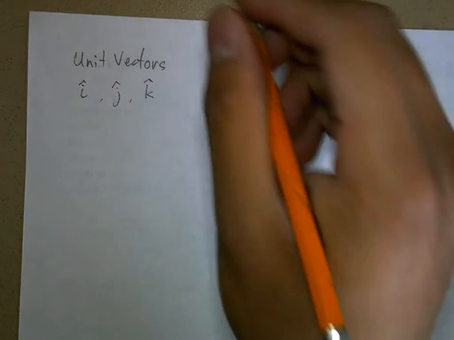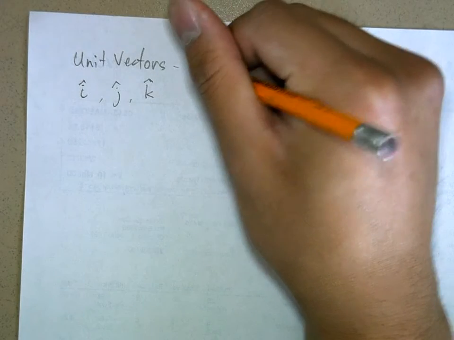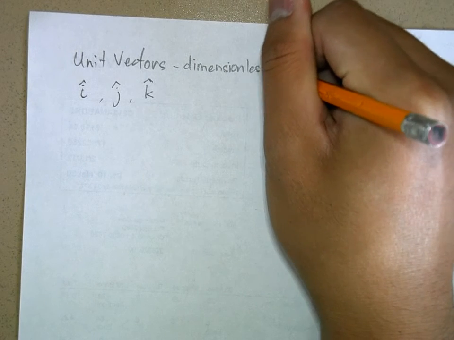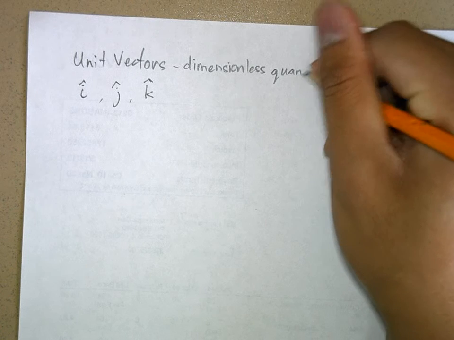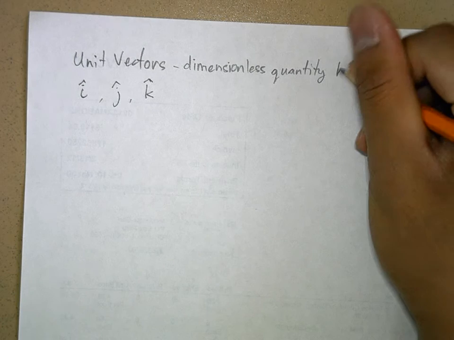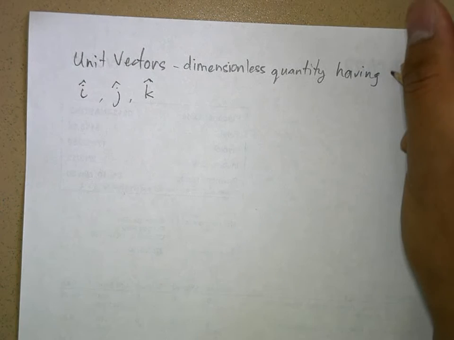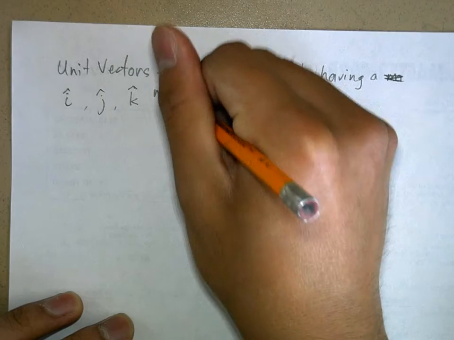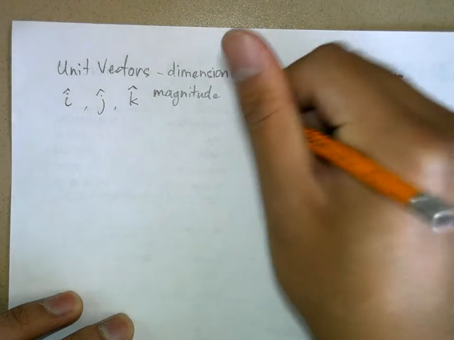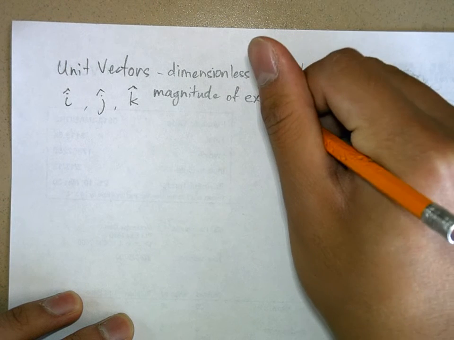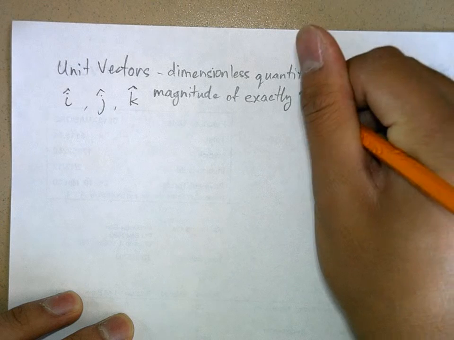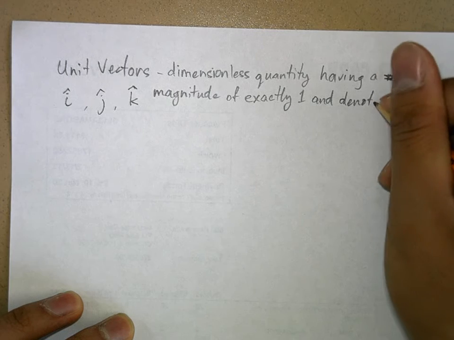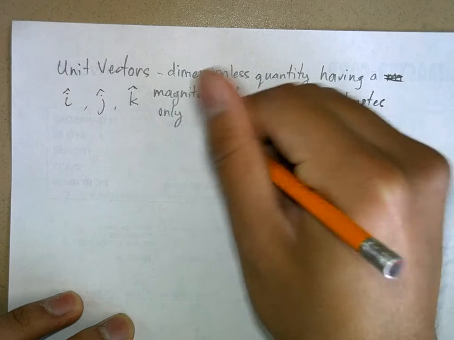But let's define what a unit vector is. A unit vector is a dimensionless quantity having a magnitude of exactly 1 and denotes only direction.